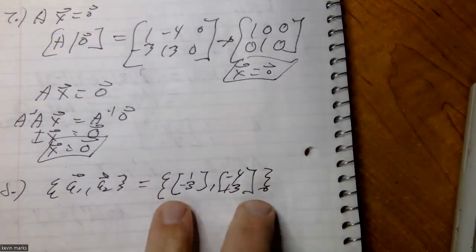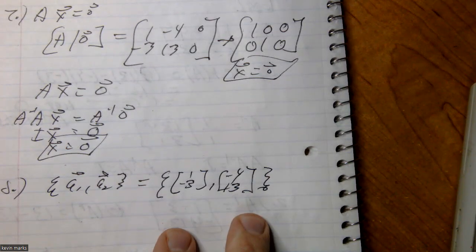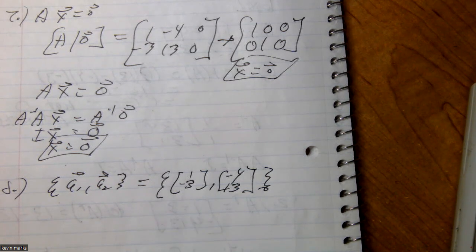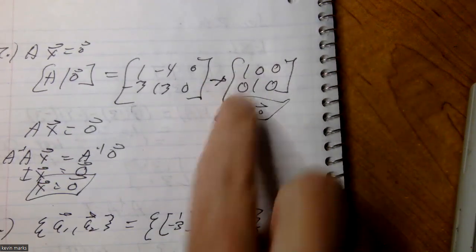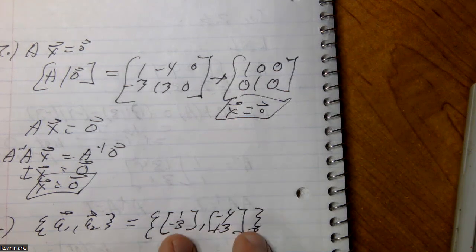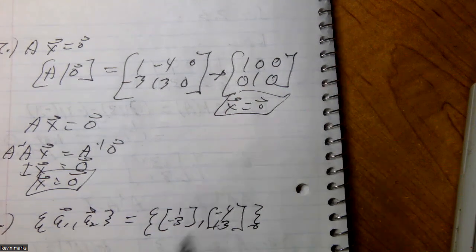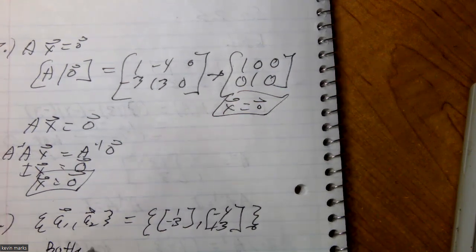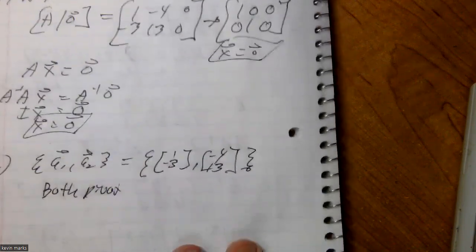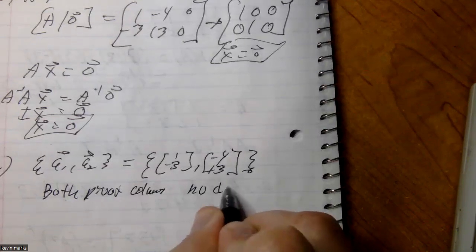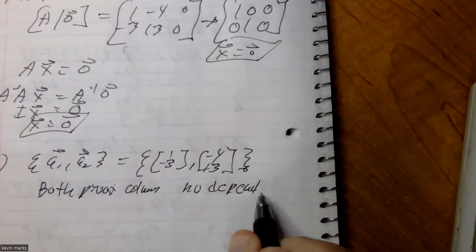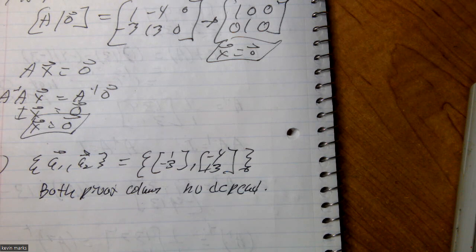This set or collection of these two vectors, do they form a linearly independent set? Think of it as they're both pivot columns, meaning, right, they are not relying on each other. There's no dependency between them. It basically follows from they're both pivot columns. So if they're both pivot columns, or there is no dependency, then of course it forms a linearly independent set.